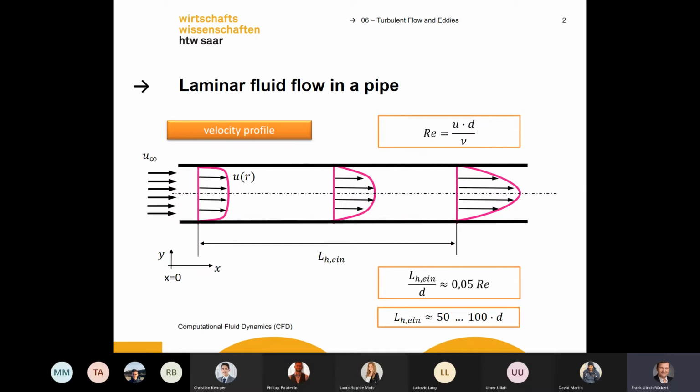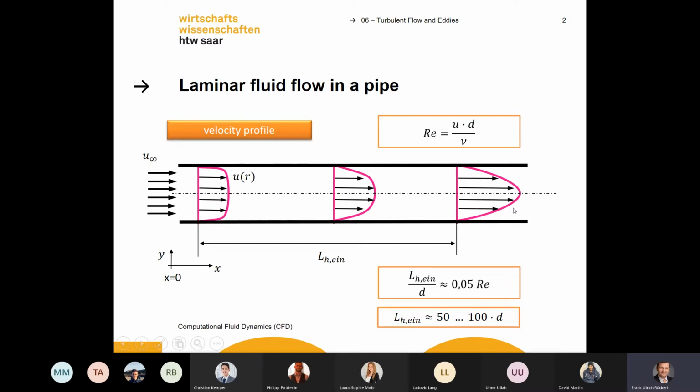If you look at the flow inside a laminar flat pipe with flat walls, you can see the velocity profile, and after some special distance the velocity profile will be more or less parabolic.